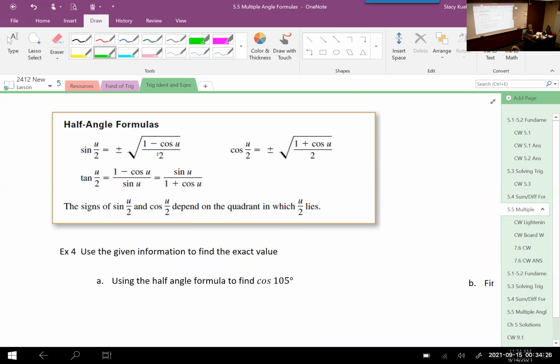Now, what this says is that the sine of u over 2 is equal to plus or minus the square root of 1 minus the cosine of angle u over 2. And when we think about this, it's this whole angle u that helps us determine what the function of the half angle is. That's the way we approach it.